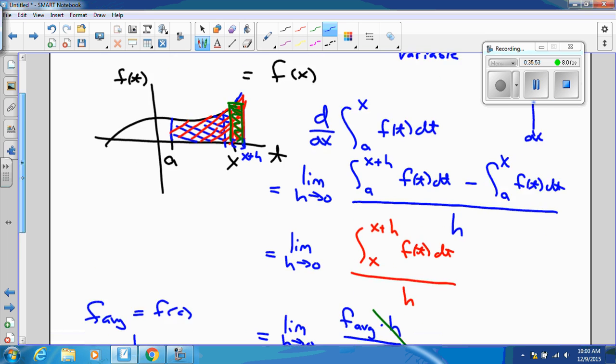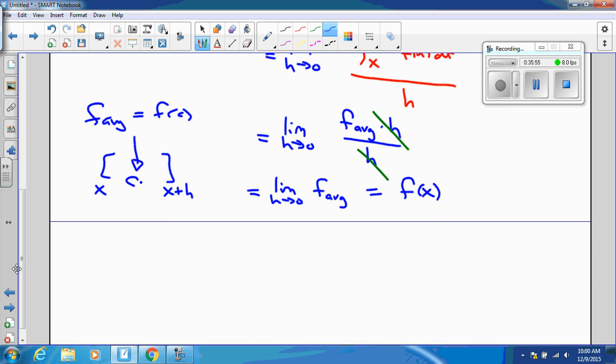Now, among other things, observe what this means. This means that if I pick a point A like so, then as long as my curve f of t is positive, then I will continue to accumulate positive area, and my accumulator function will be an increasing function.